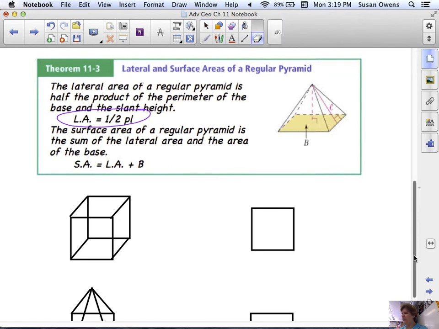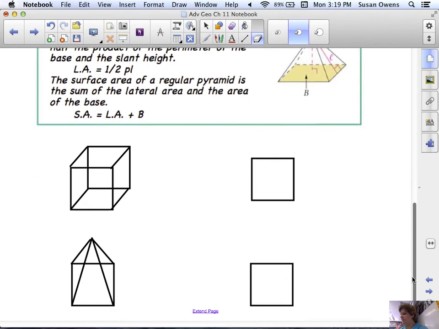One of the things that helps me remember these formulas is to see some of the similarities and differences between the prisms. So what I did is I drew a cube here, so a rectangular prism, a square prism. And then I also drew a pyramid with a square base. So I just want to look at the lateral areas.